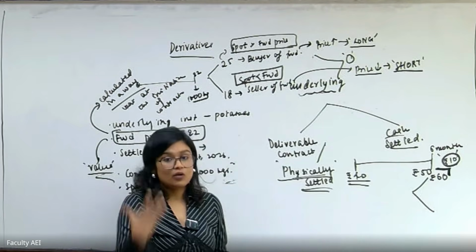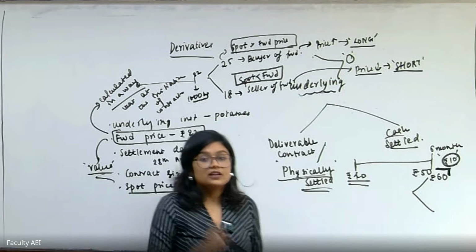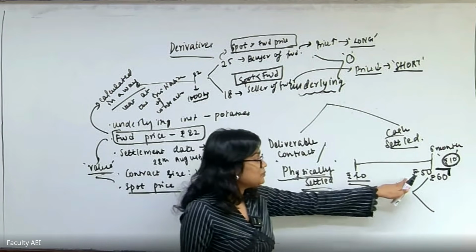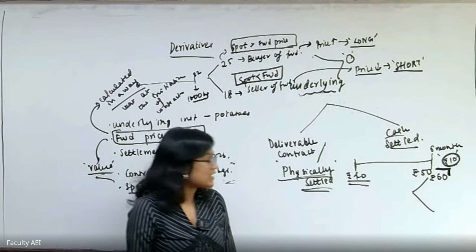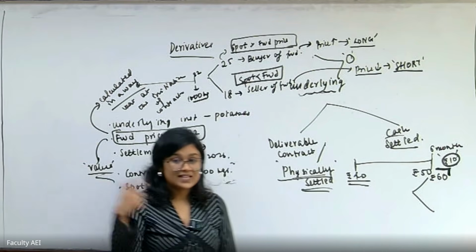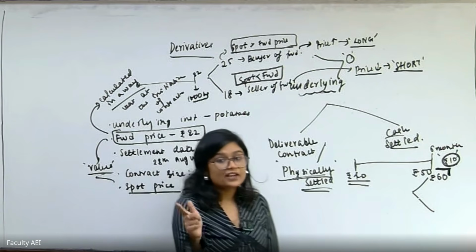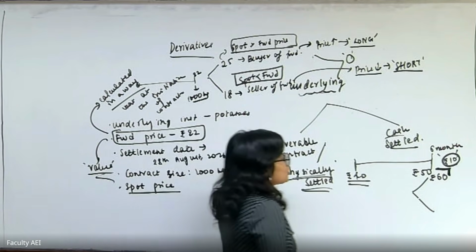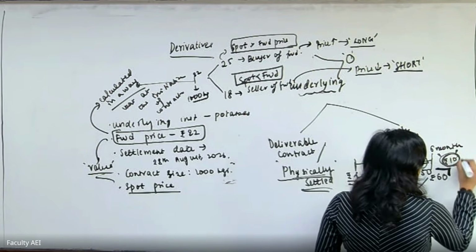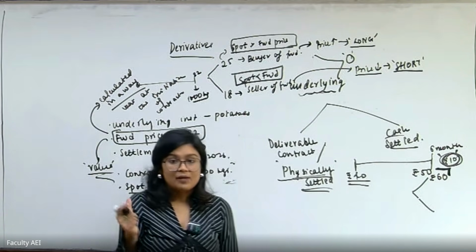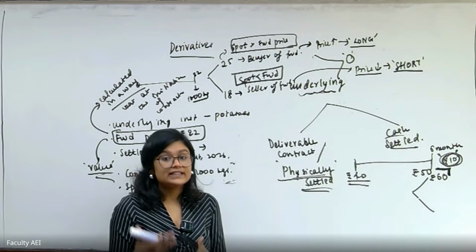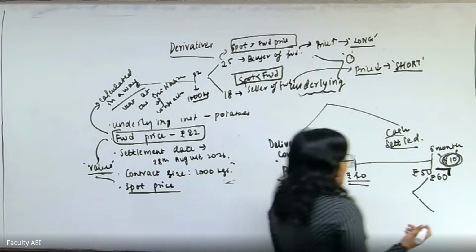And the buyer would be able to buy the stock at rupees 50 from the seller of the forward contract and sell the same stock at rupees 60 in the market. So the buyer is making a profit of rupees 10. They just exchange the cash amount difference and not the actual stock or underlying instrument.